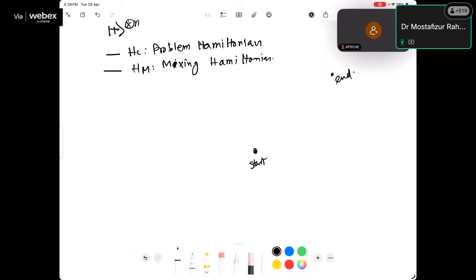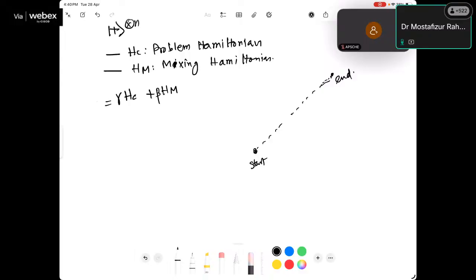So I have a cost function, and I don't know whether it is a perfect cost function or not. So I take two particular Hamiltonians, HC and HM, and I mix them with certain weights: HC with gamma times and HM with beta times.